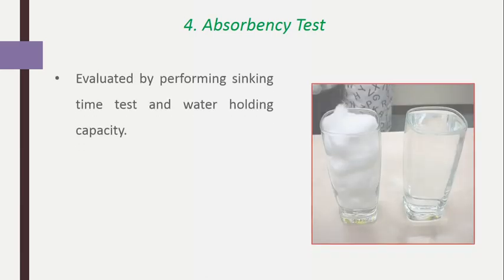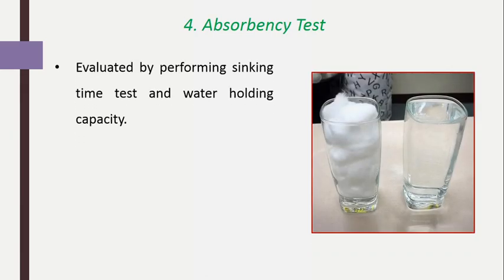Here we will see the absorbency test. The name itself indicates absorbency: how much amount of water will be absorbed by this absorbent cotton. This test is evaluated by performing the sinking time and the water holding capacity tests.